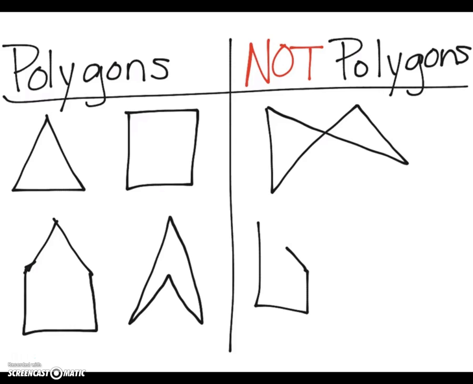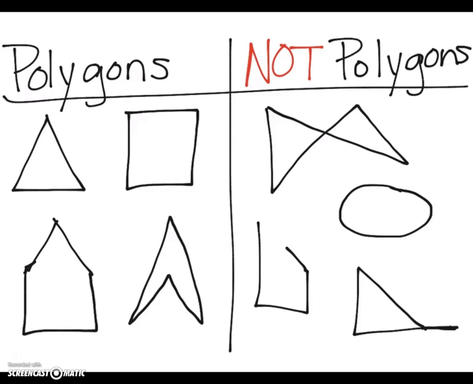They look like they have an opening here. Things like ovals and circles are not polygons because they are not made up of straight lines. And things like this are not polygons because they have a line that extends out here beyond the actual shape. So that's going to be really important.